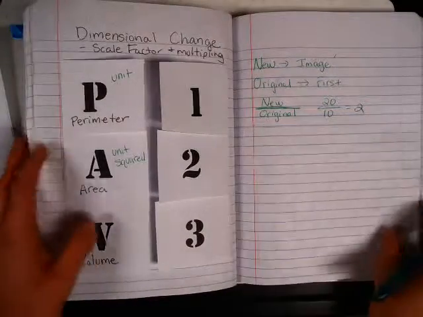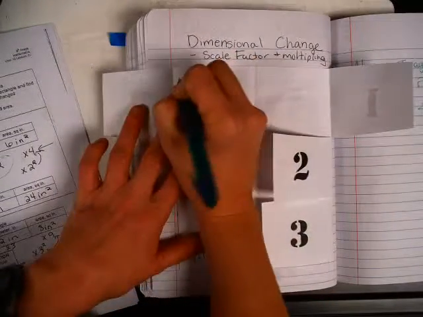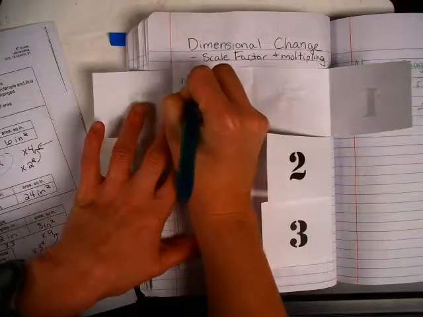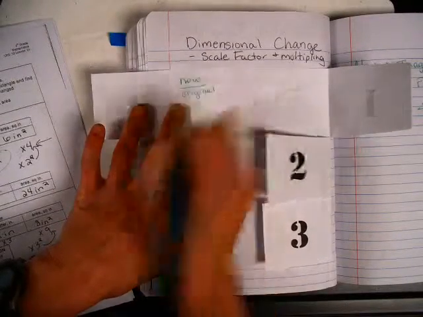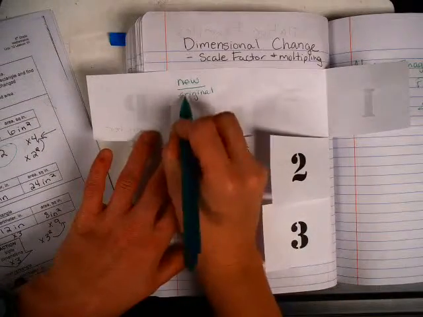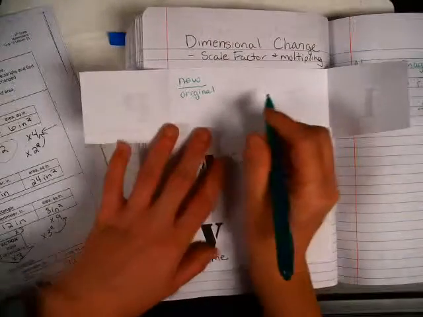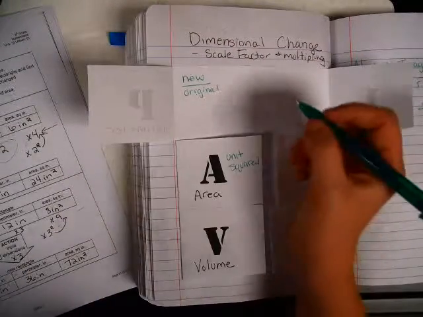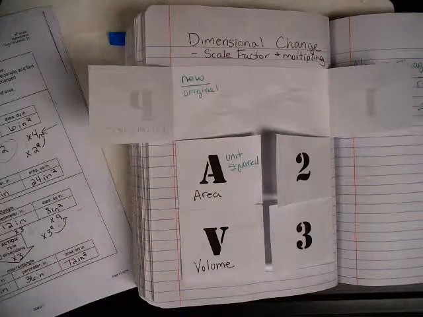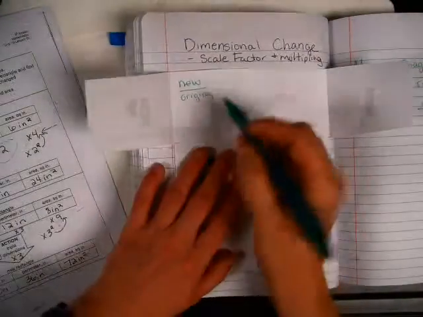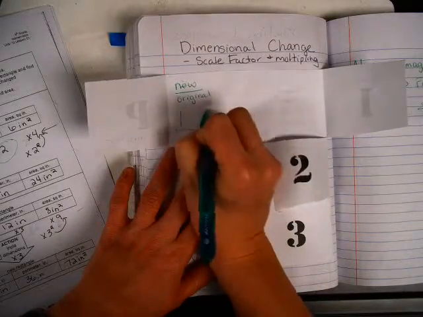So let's go back here to perimeter. You open up your little shutter. I want you to write yourself a hint that it is always new over original. Okay? So new over original. And so when you're dealing with perimeter, you're going to have your figure, and I'm just going to make up an example.